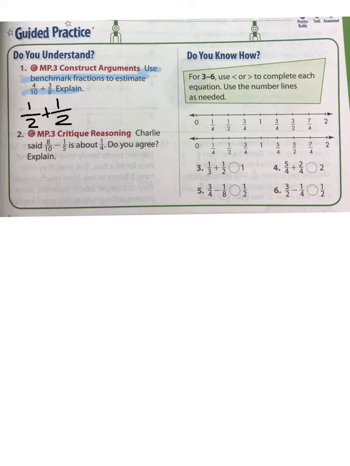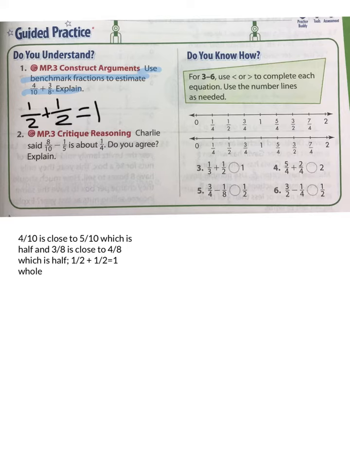So 1/2 plus 1/2 is going to equal 1. Make sure you write this sentence down in your notes. 4/10 is close to 5/10, which is half, and 3/8 is close to 4/8, which is half. Therefore, 1/2 plus 1/2 equals 1 whole. And this should go right over here.